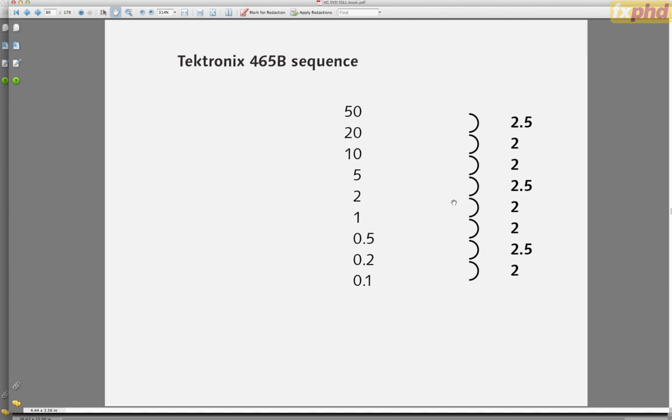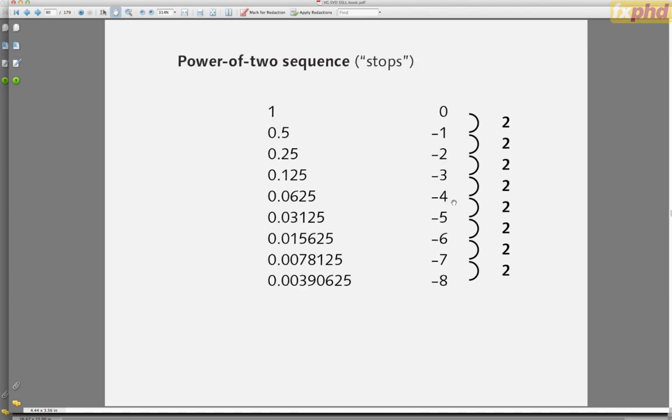It's kind of slightly inconvenient. So let's jump from there to the power of 2 sequence that a photographer would use. And here I show you the numerical values. I'm showing you 8 stops here. And the powers of 2 are highly, highly convenient for photographic purposes.